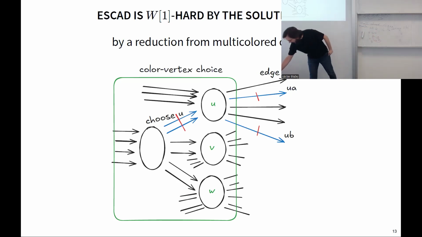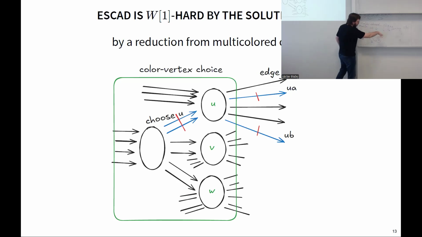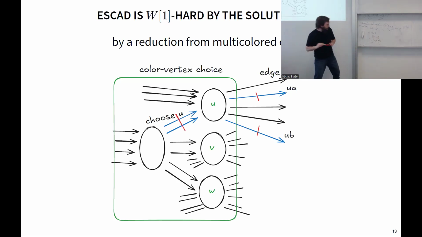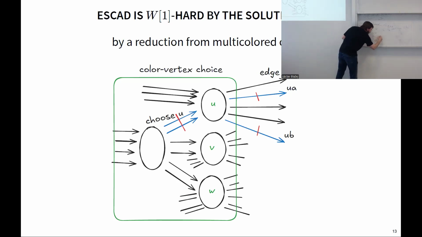And I'm aiming to model this problem, to reduce it to our problem. So for one color class, let's say red, I will have 3 choices for the vertices. I will have a choice to select into the clique the vertex U, V, or W.